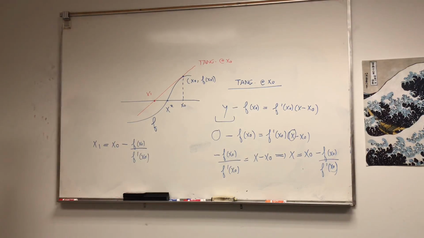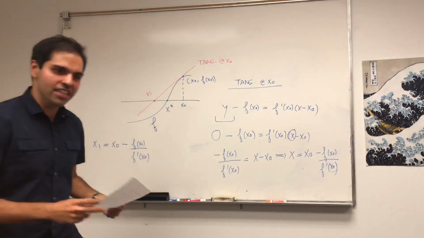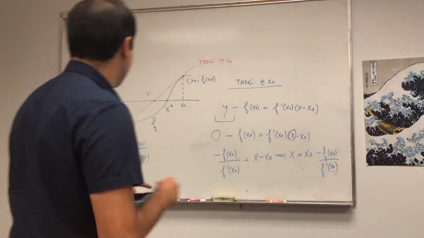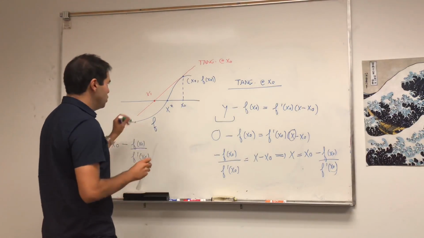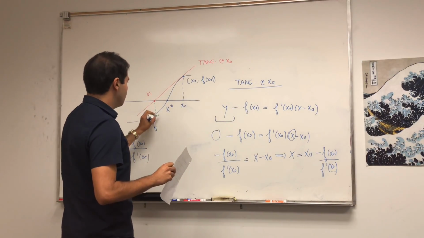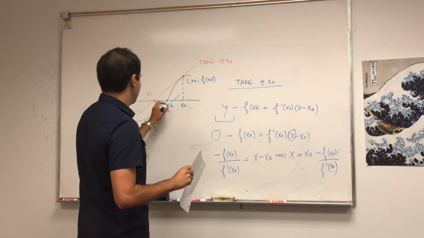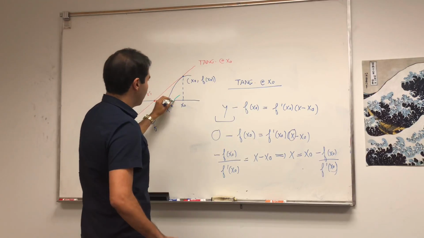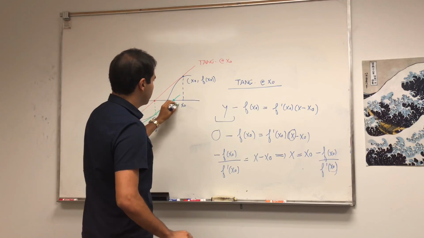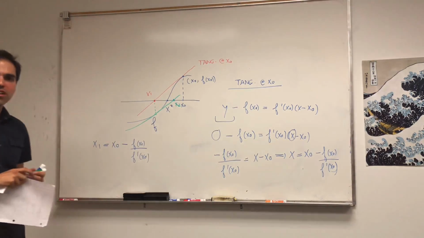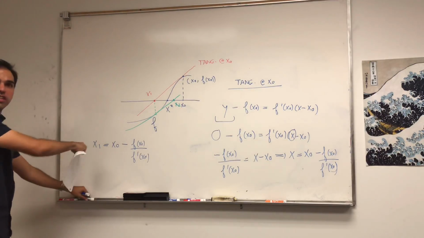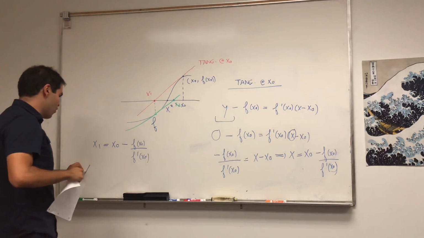But here's the question though: what if x1 does not give you the 0? Well, it's not a problem, you just continue. Suppose you have x1, you use this as your new x0, you find the tangent line at x1, and then its x-intercept gives you a new point x2, which you can find using a similar formula.